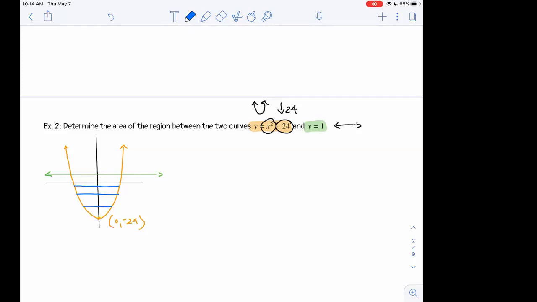But the problem with this is in order to do dy, I need to have a right curve and a left curve. And for all 3 of the rectangles I drew, the right curve is the orange curve, but the left curve is also the orange curve. So if I'm going to do right minus left, I'm going to have the orange curve minus itself, which is going to give me 0.